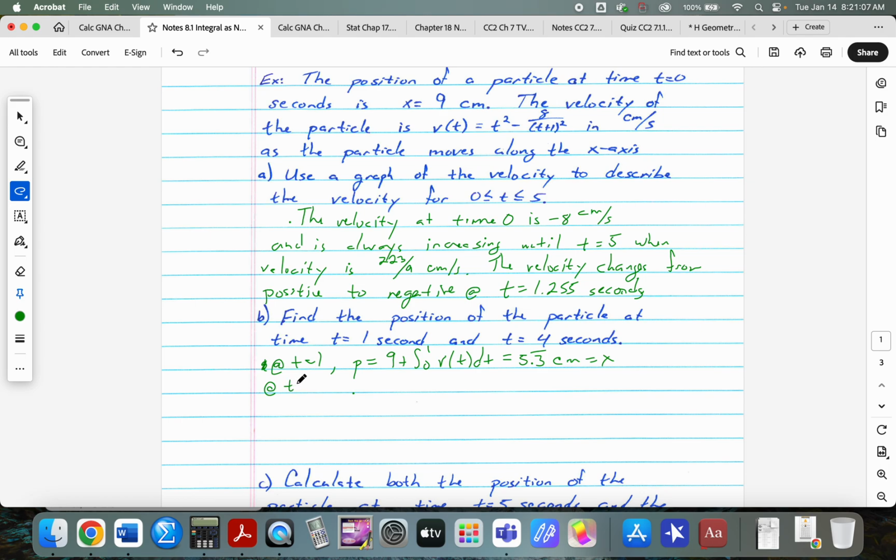And then at t equal to 4 seconds, I'll go ahead and call it x this time. 9, that's our initial condition, that's where it started, plus the integral from 0 to 4 of v of t dt.